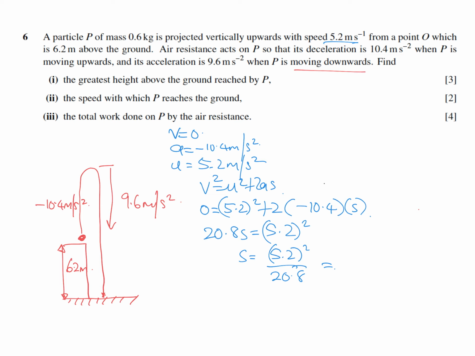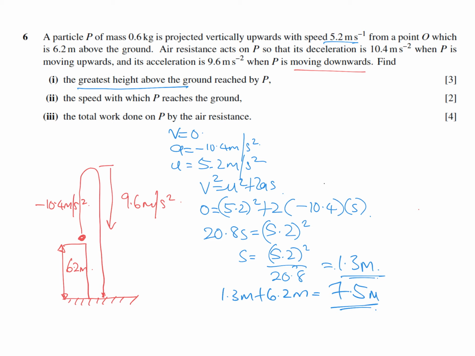Therefore the distance that it has traveled is 1.3 meters. But the question asks for the greatest height above the ground, so you have to take 1.3 meters plus 6.2 meters, and the greatest height is 7.5 meters.